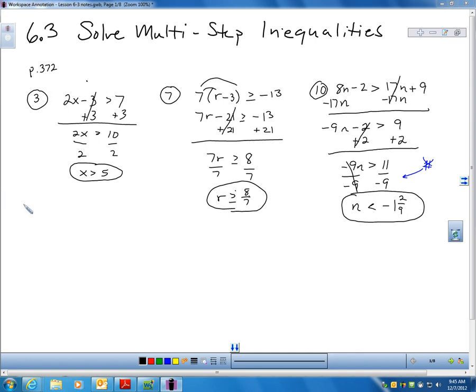Maybe I'll just write these down. When you solve an equation, one of three things can happen. You can get one solution, you can get no solutions, or you could get infinitely many solutions.